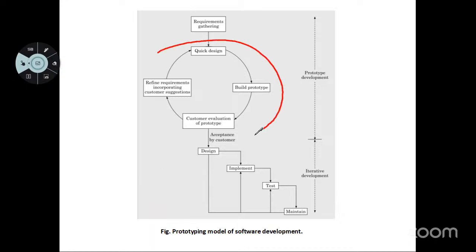So from the right side to the left side, that is, you have to go from design to build prototype to customer evaluation, then from customer evaluation to refine requirements, and from refine requirements back to design. So that is the arrow marks, how your diagram is.